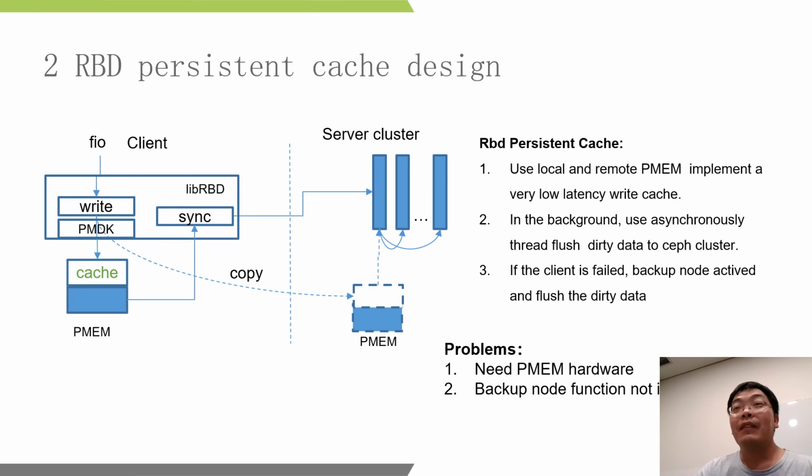In the backend, it is asynchronously flushed back to the Ceph storage cluster. Currently, two media are supported, PMEM and SSD, but the SSD scheme is not stable. We use the PMEM RWL method.